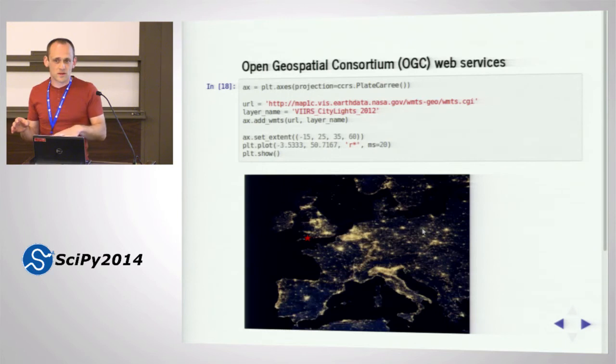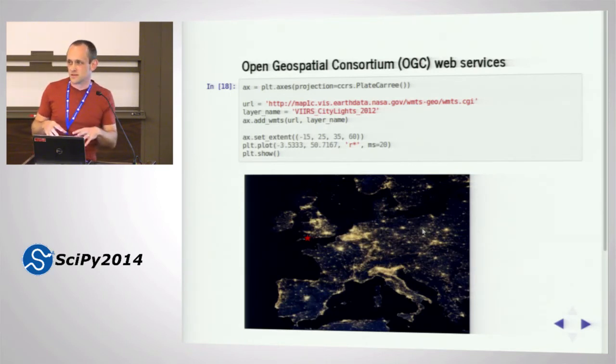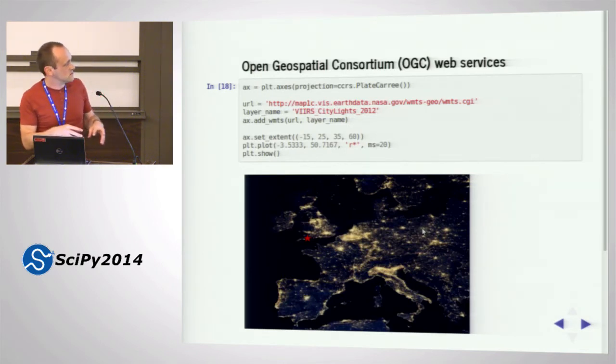So for those of you who don't know, the Open Geospatial Consortium has defined a series of web APIs for describing geospatial data in various different forms. A couple of them are to do with raster data: Web Map Services and Web Map Tiling Services, which we've integrated into Cartopy.